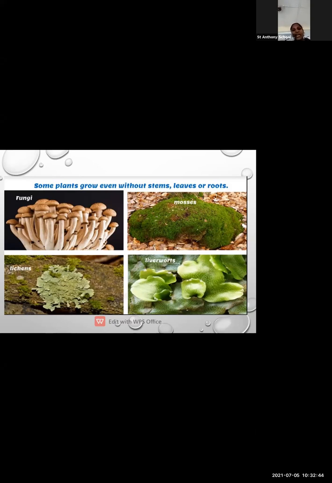What are the examples? Examples are fungi, mosses, lichens, then liverworts. These are examples of plants which do not have stems, leaves, or roots, even though they grow.